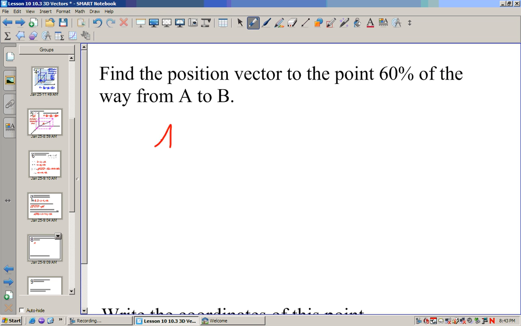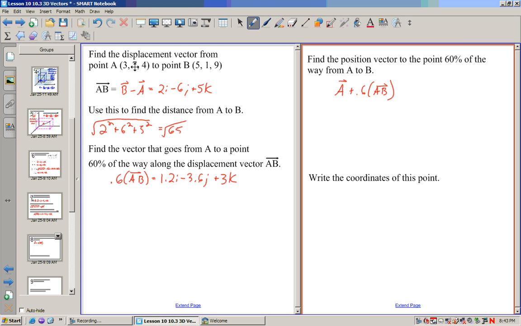So what we want to do is add A plus 60% from A to B. A is 3i plus 7j plus 4k. 60% of AB is 1.2i minus 3.6j plus 3k.